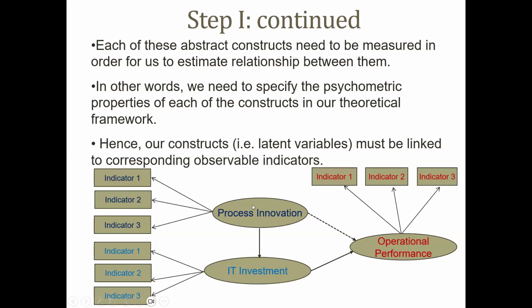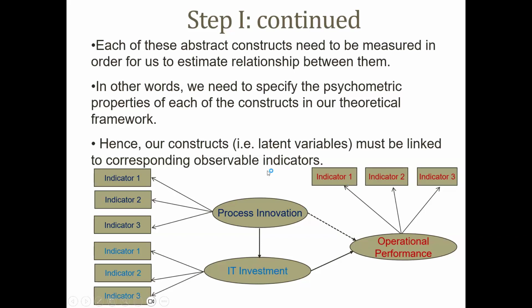Beauty is a mental construction. If you want to observe beauty, you need to look out for the characteristics of beauty in a person. So those physical characteristics, or the observable features you'll be looking out for to gauge your construct, are what we call indicators.